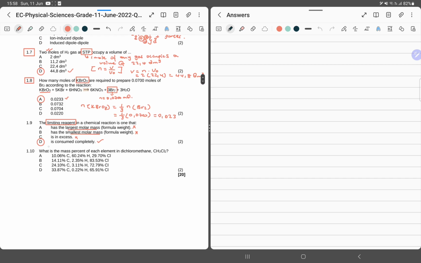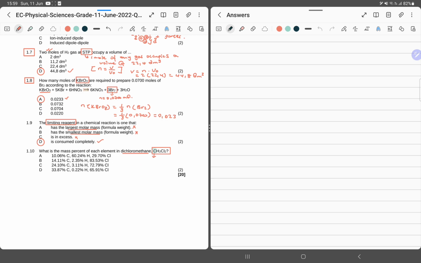All right. Now, what is the mass percent of each element in dichloromethane? So we are being given here the molecular formula. Now, for example, you can just choose carbon. Sometimes with questions like this, you just need to be smart about your approach. So let's just look at the percentage of carbon.